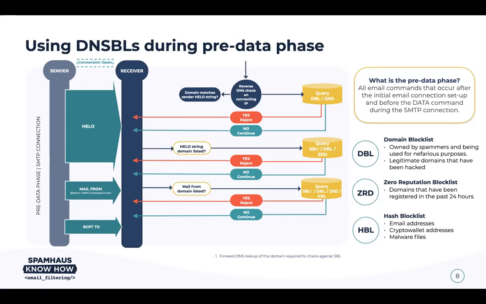We'll go through HBL in a second, but a short version is that the HBL is a container for hashes in various contexts. Email addresses is one of the contexts that is available. Since you have at this point an email address that is related with whoever is sending you stuff, you want to check that against the HBL.